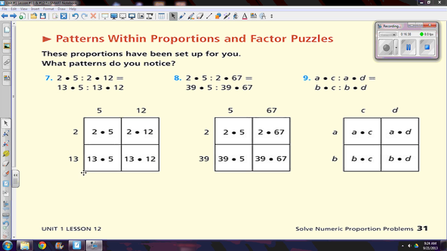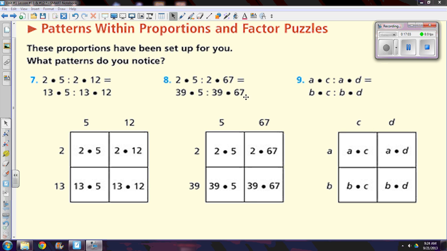Then you have 13 times 5, and 13 times 12. Now, they're just asking you to look. Now, look at this one here. 2 times 5, 2 times 67. 39 times 5, 39 times 67. Or A times C, B times C, A times D, B times D. You don't have to copy any of this down. Just take a good look at it, and then let's move on.